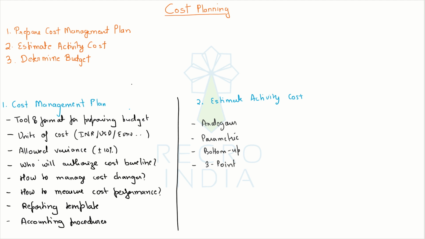Now when we are doing this cost estimation, we have to keep in mind the different types of expenditures that we might end up incurring for an activity. So obviously there is human resource that would be required for activities.